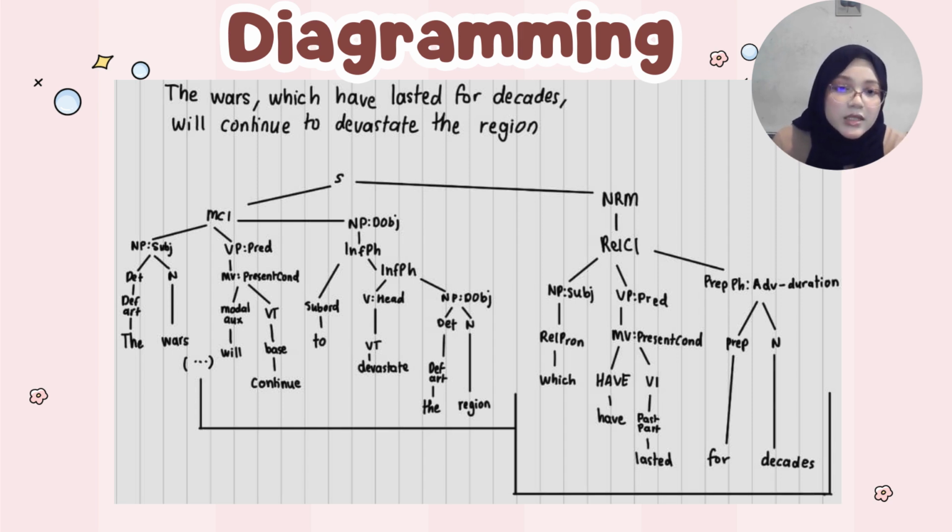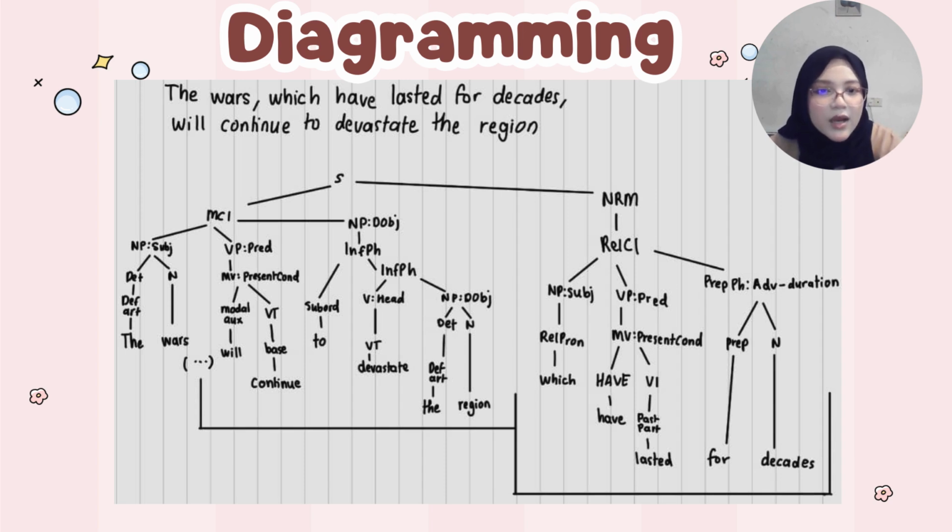It is in present, and we have conditional. So we put the auxiliary first, which is have, a modal auxiliary. For the second branch, the main verb, we put the verb type VI, and the aspect is perfect, so we write past participle, and then the word lasted.